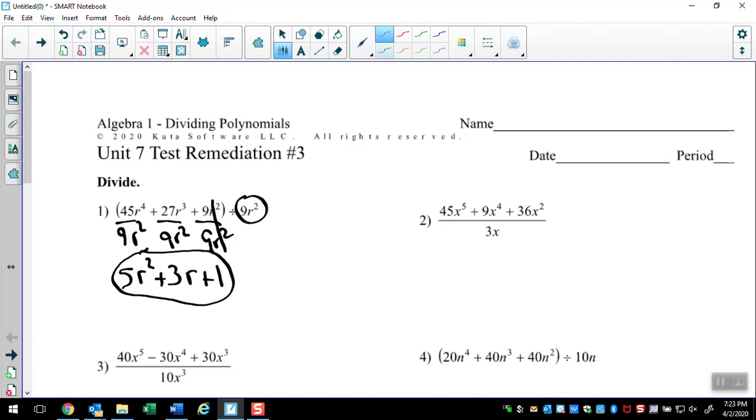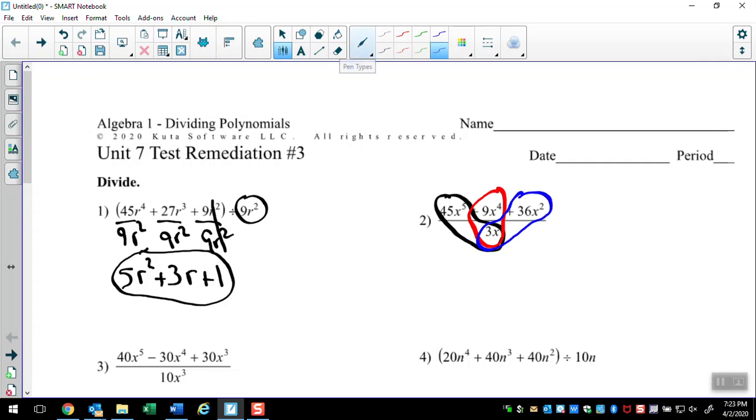So what I'm going to do is I'm going to take each one of these and divide those, and then I'm going to divide those.